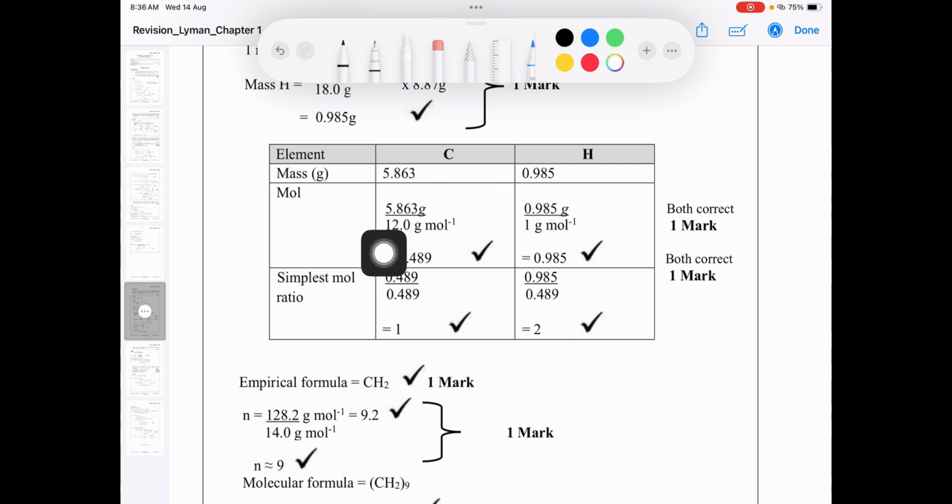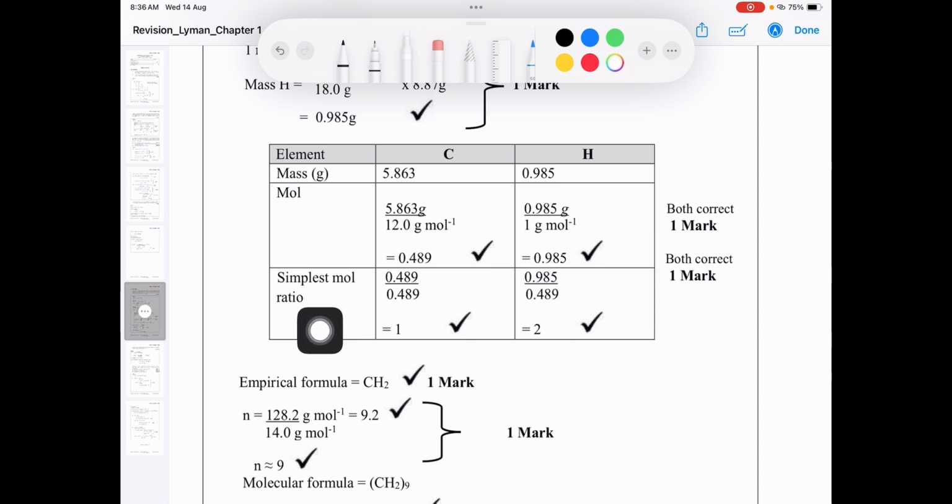So next, calculate the number of moles for carbon, mass over molar mass of carbon, so equal to 0.48998 mole, and the number of moles for hydrogen, mass over molar mass, is equal to 0.985. Okay, so correct for both the number of moles for carbon and hydrogen, 1 mark.